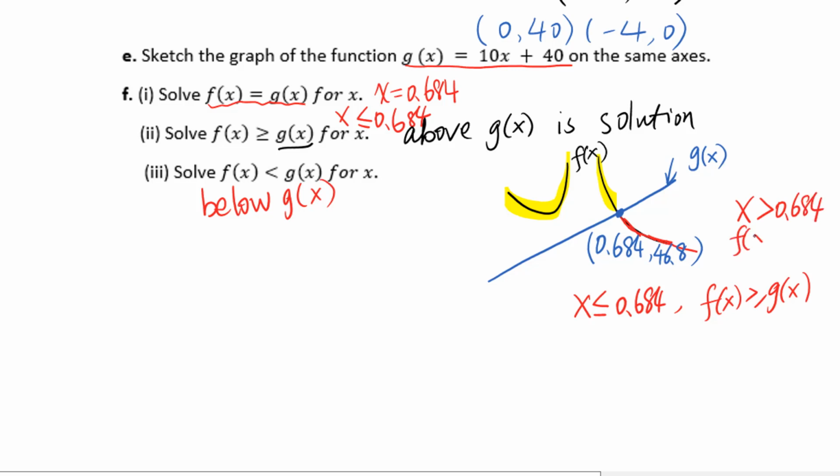You will get the f of x less than g of x. Because in this way, the f of x will be below g of x. No equal sign, because here is no equal sign. So we write down x greater than 0.684.